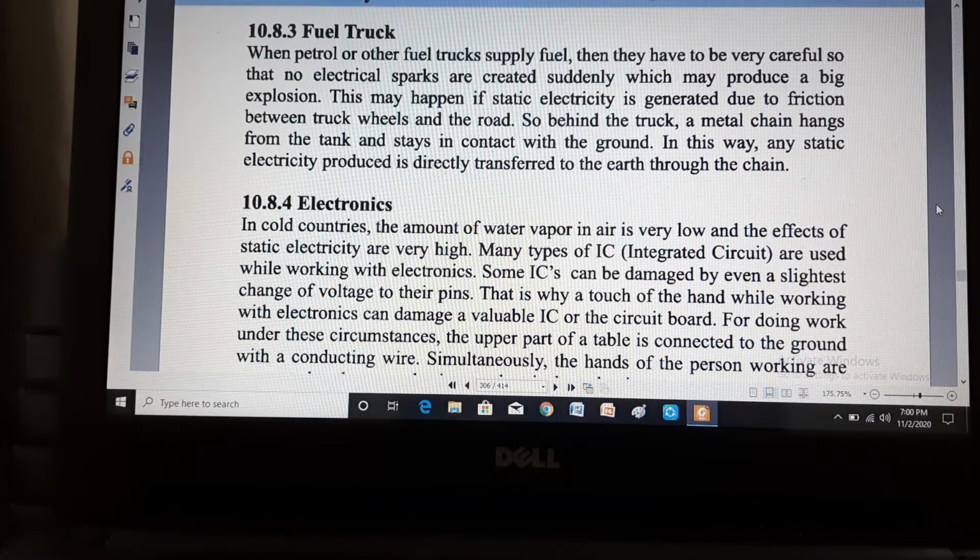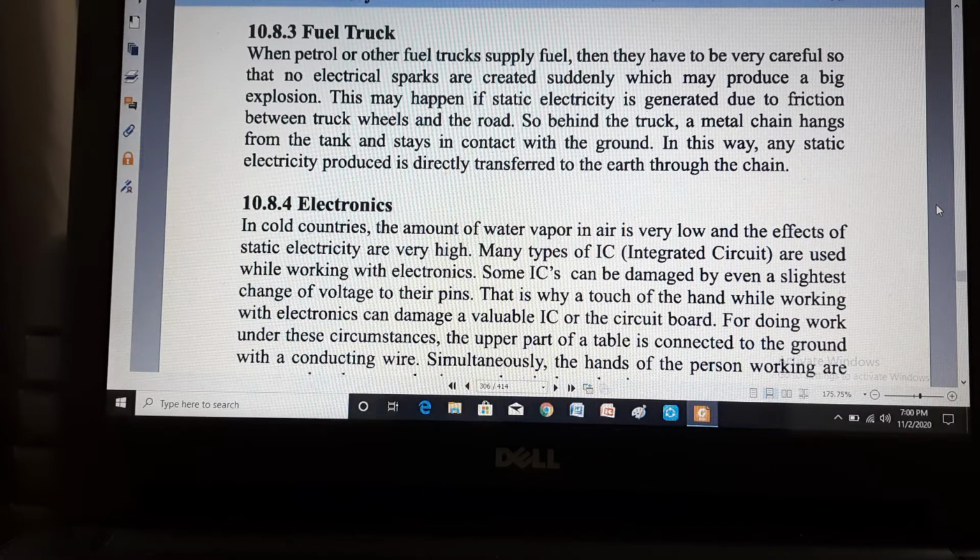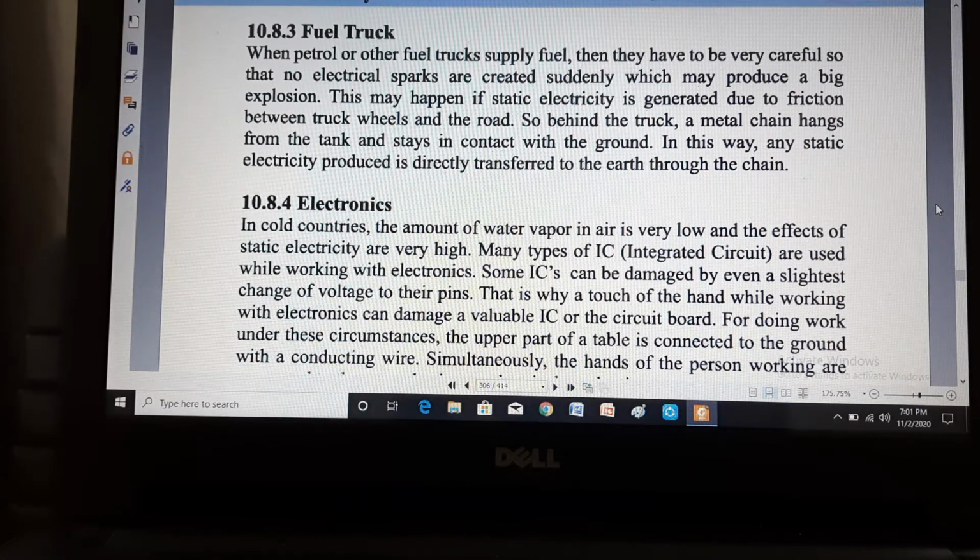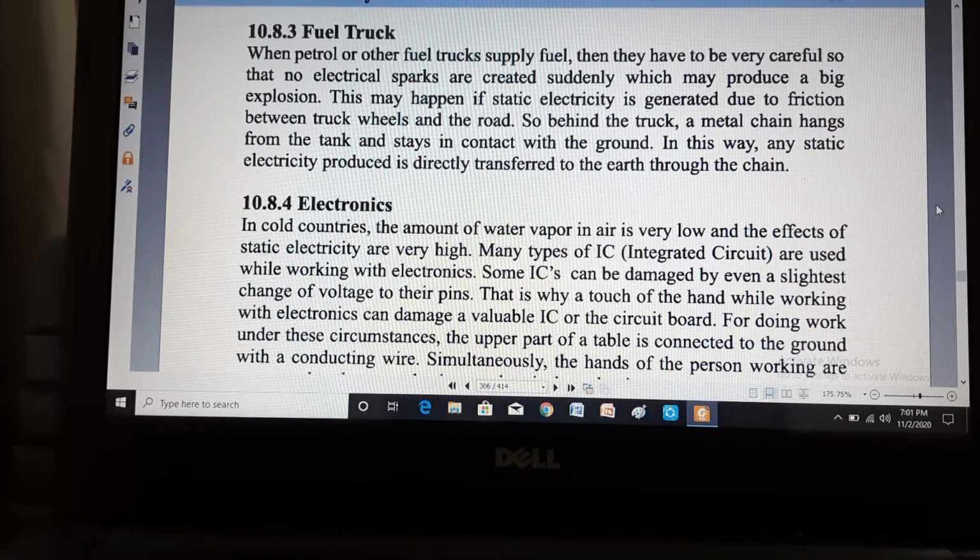So behind the truck, a metal chain hangs from the tank and stays in contact with the ground. Most of the charges pass to the ground. In this way, any static electricity produced is directly transferred to the earth through the chain, and we can safely transfer fuel from one place to another place.